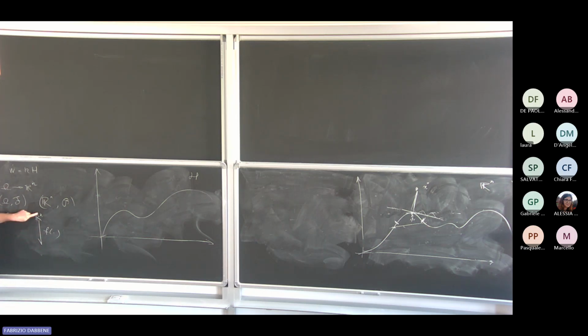And if this is Borel measurable, then f after x, which is your W in this case, is also measurable. And if this is measurable, then this is a random variable. So we are happy.